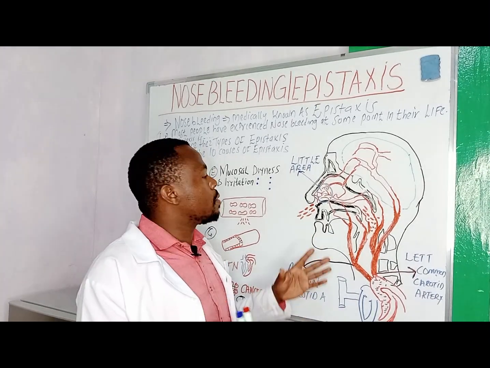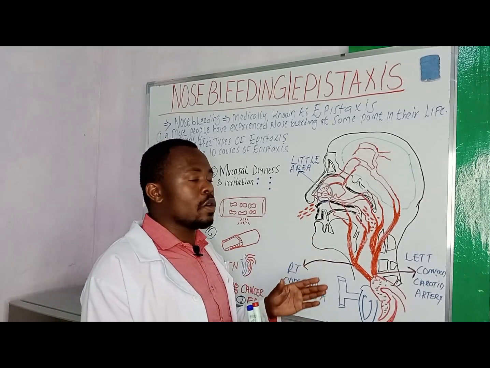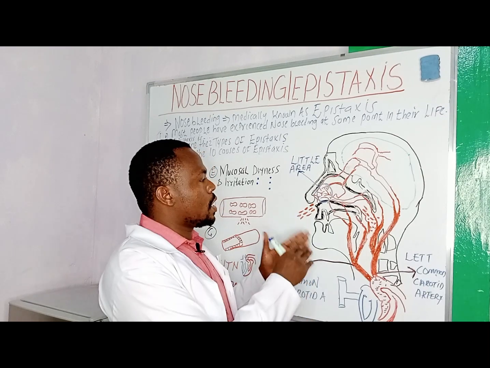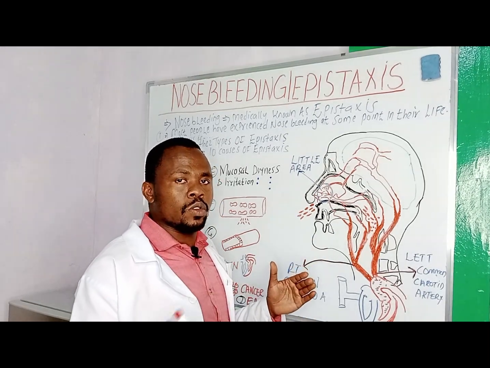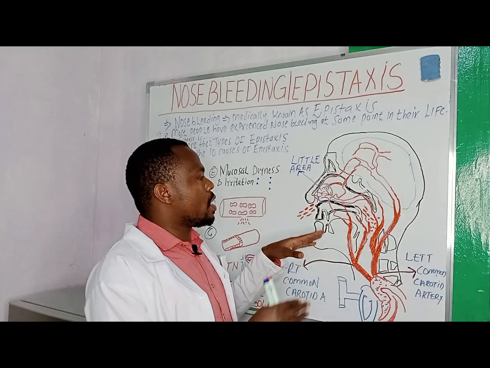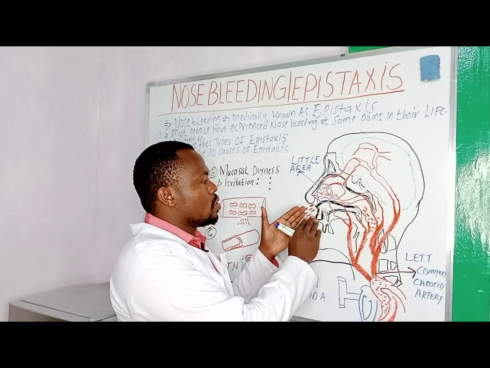Then these blood vessels will converge in one area within the nose or nasal cavity, and form a network of small blood vessels.